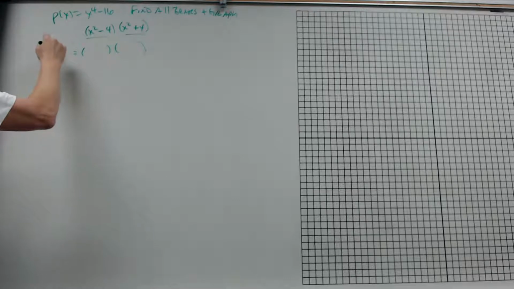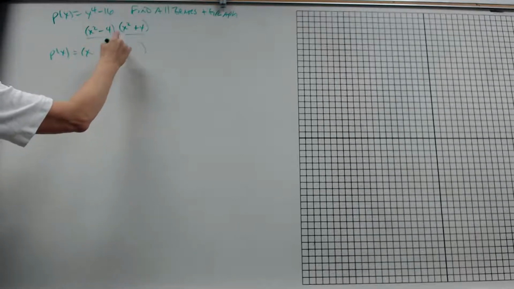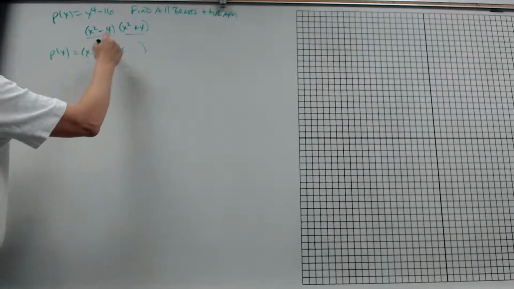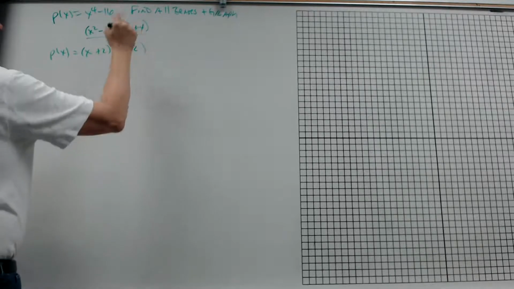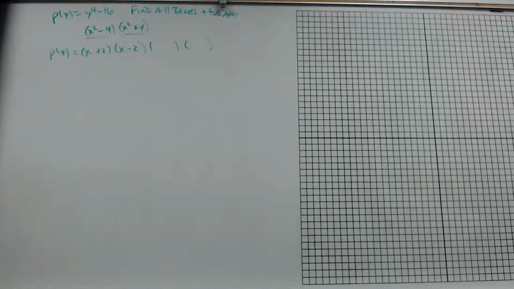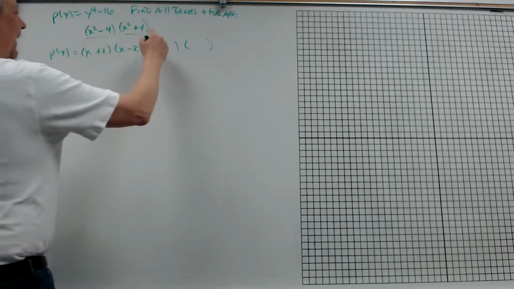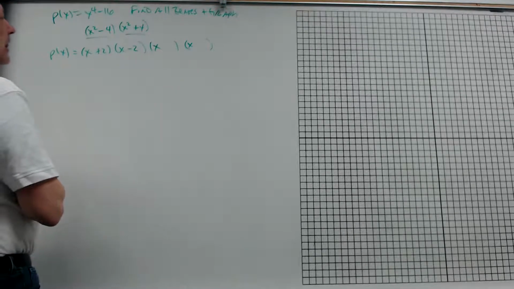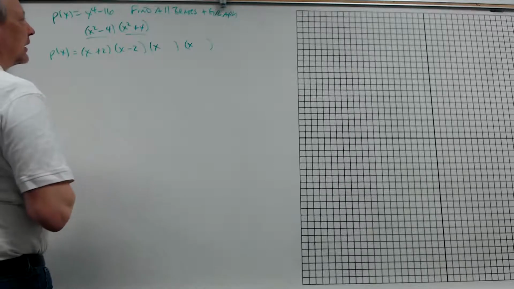So x and x, and just plus 2 minus 2. Okay, can we factor that one? Sure. x and x is just plus 2 and plus 2.